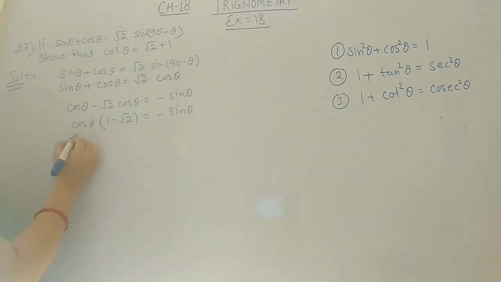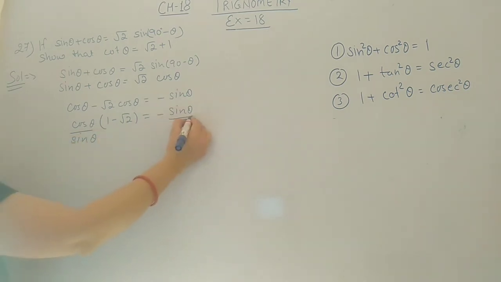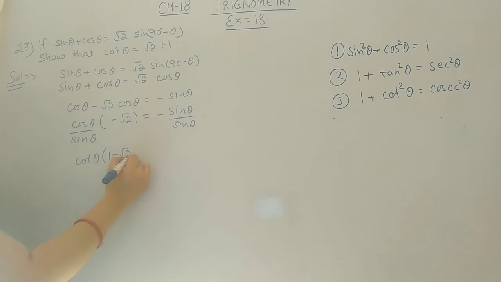And this thing if we divide by sin theta on both sides, then we have cos theta by sin theta, which is cot theta, times (1 minus root 2), is equal to minus 1. So this thing will cancel out. We will get here minus 1. Now this thing we can shift to the other side. So cot theta is equal to minus 1 by (1 minus root 2). This root 2 is in the denominator, it means we have to rationalize it.